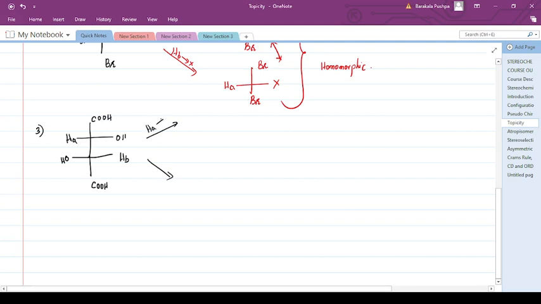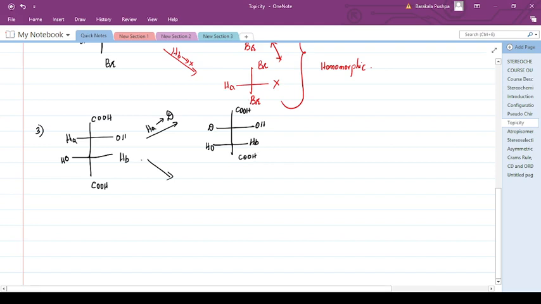Now HA should be replaced by deuterium. All of you know that the isotope of hydrogen is deuterium. So replace this HA by deuterium and draw the molecule. You have acid group, OH group and deuterium, HB here, HOCOOH.